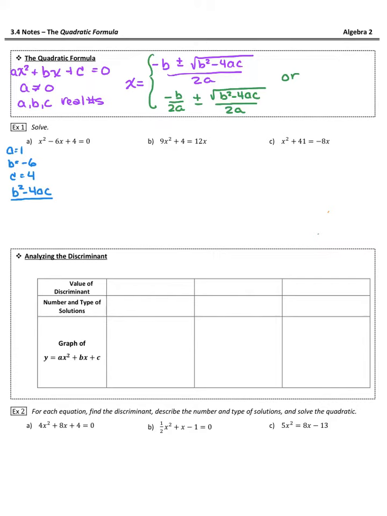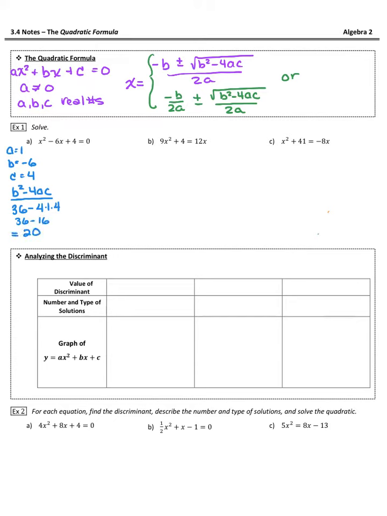So if you can just break that down into one number to begin with, it makes using the quadratic equation easier. So b squared is negative 6 squared, which is 36, minus 4 times 1 times 4. So 36 minus 16 is going to be 20.